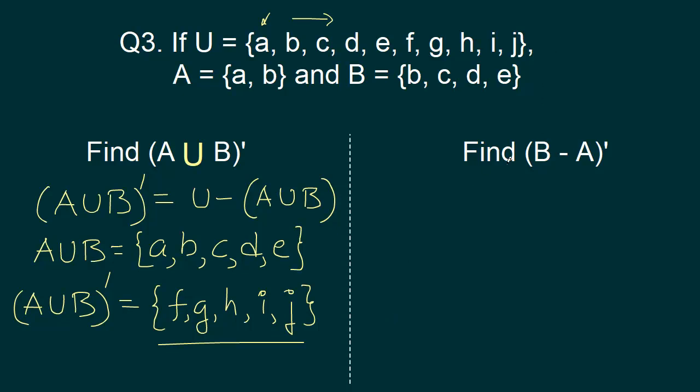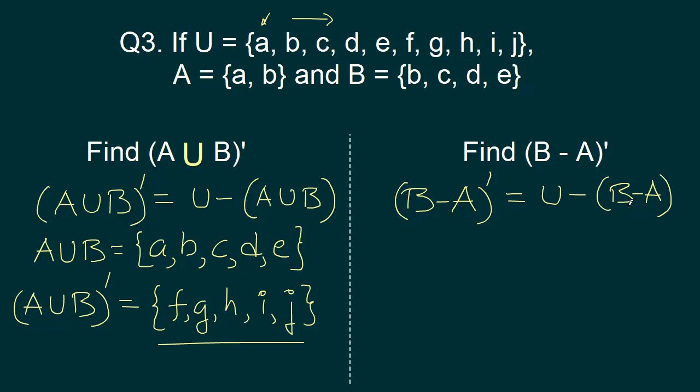Now let's move on to this question where we are trying to find out B minus A complement. Again, keep in mind that B minus A complement is nothing but the universal set minus B minus A. This is what we are trying to find out.